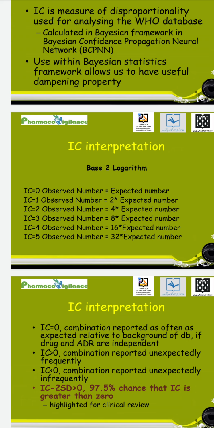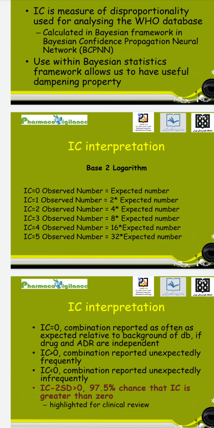If the IC is 2, it means the observed number is 4 times the expected number. If the IC is 3, it means the observed number is 8 times the expected number. I don't understand if this is 8 to the power of the expected number or 8 multiplied by the expected number. It's a little bit confusing.